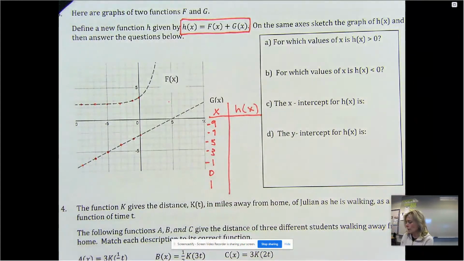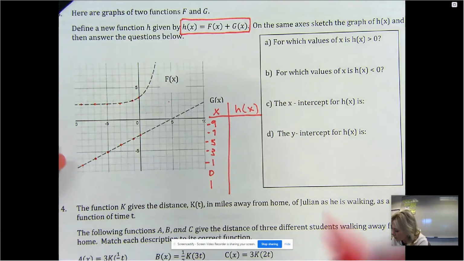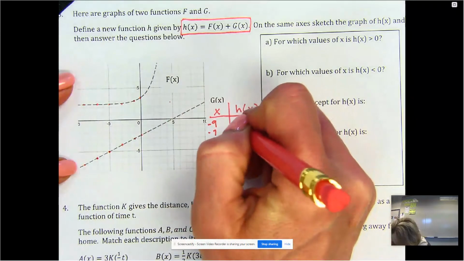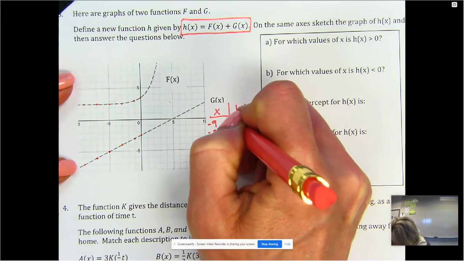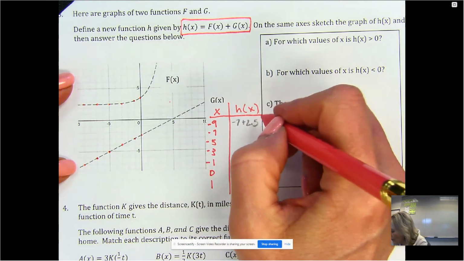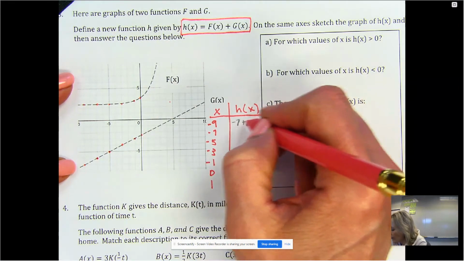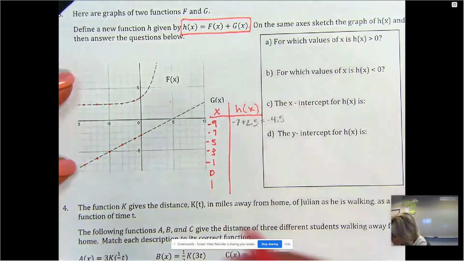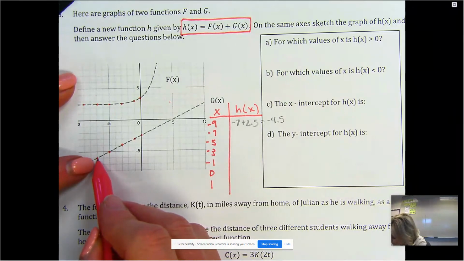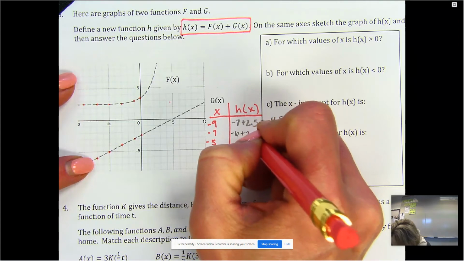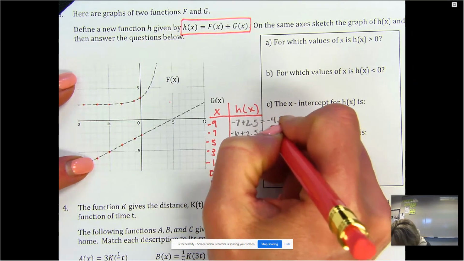Okay, so I'm going to write some of those down in the table and see what that starts to look like. Again, we're adding -7 to about 2.5, which is -4.5. And then this is -6 plus 2.5, which is -3.5.